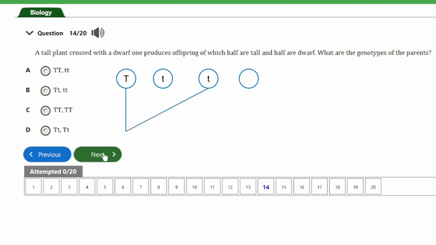We'll go again, the first T to the second t, and that's capital T, small t. We'll go again, the second t to the first t, and that's small t, small t. And then we'll go again, the second t to the second t, and that's small t, small t.